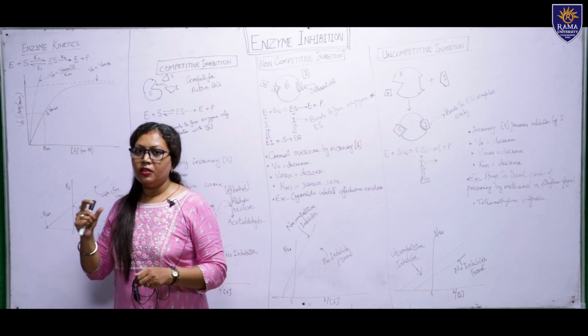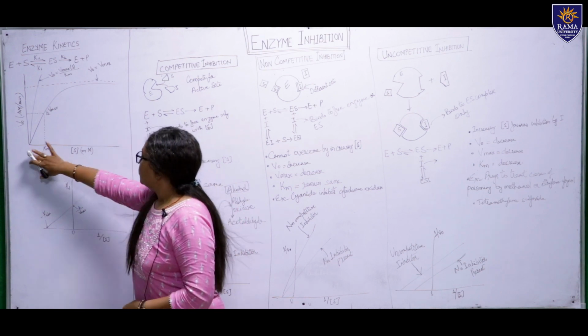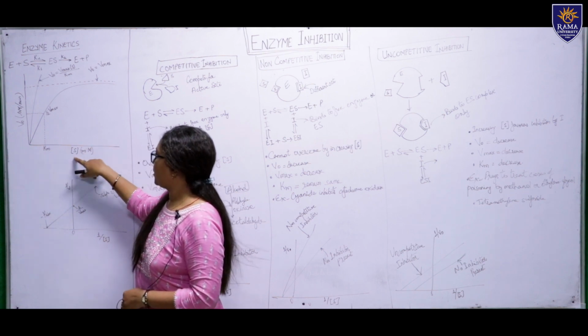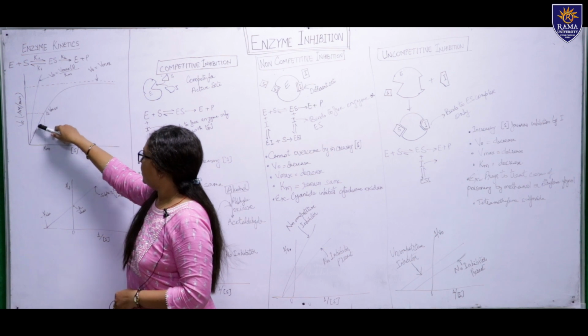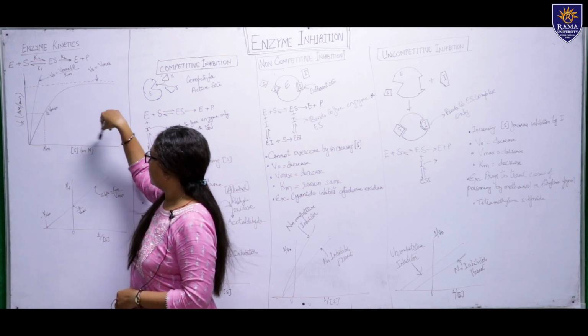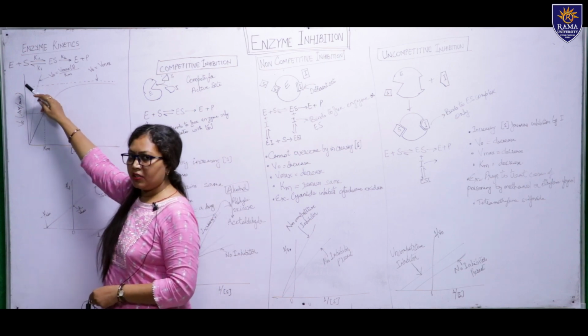This will be the rate of the biochemical reaction. As we can see here, this axis is the substrate concentration, and here is the reaction velocity. V naught is the reaction velocity.